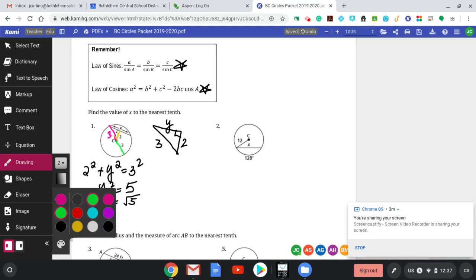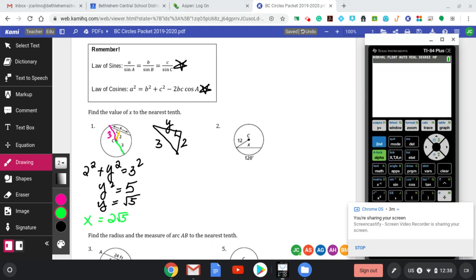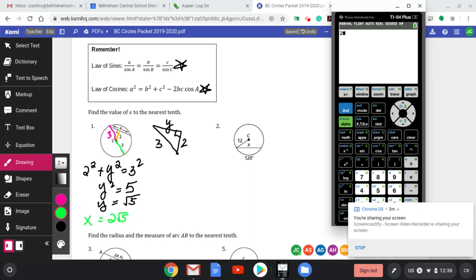So that would mean x, I'm going to double it, is equal to 2 times that. The directions do say nearest tenth, so I'm going to respect the directions. You go to your calculator. What's 2 square root 5?